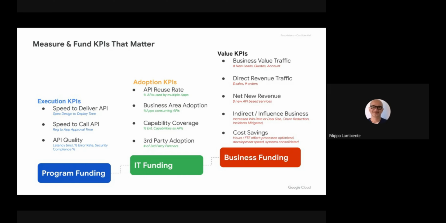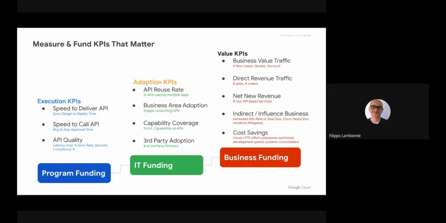Is it direct or indirect monetization? What is the impact that this API had on your current business? In terms of dollars, what was the API able to generate in this context?